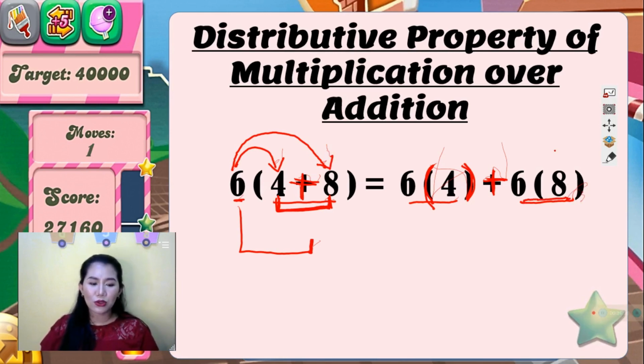So, let us now try to find the answer of this. 6 times 4 is equal to what? 6 times 4 is equal to 24. Plus, what is 6 times 8? 6 times 8 is equal to what?